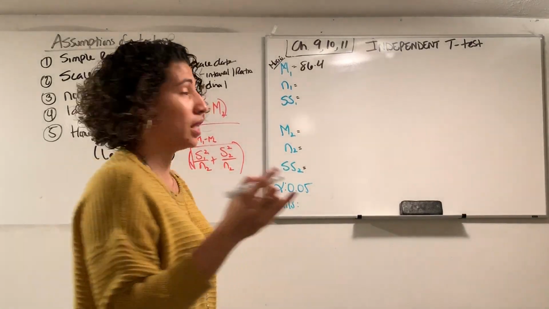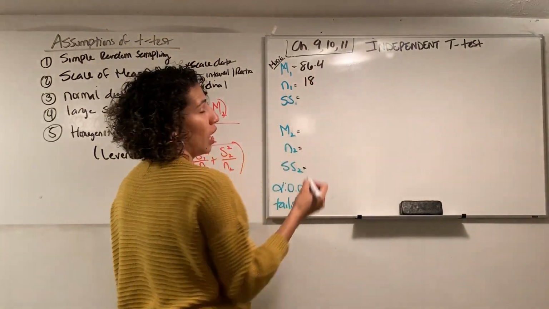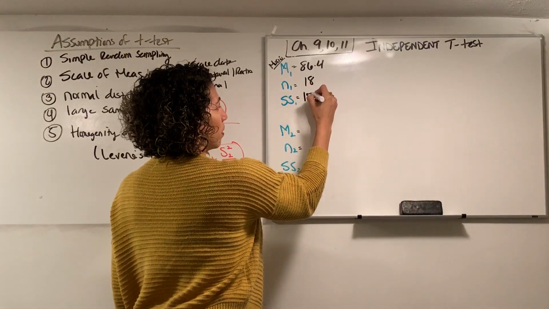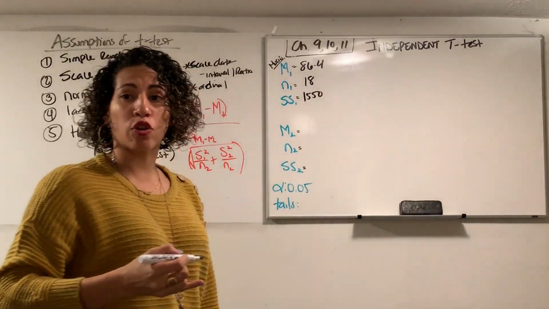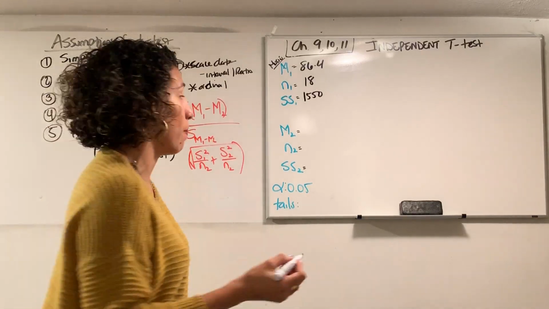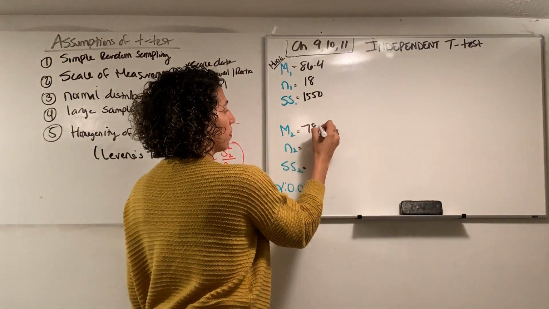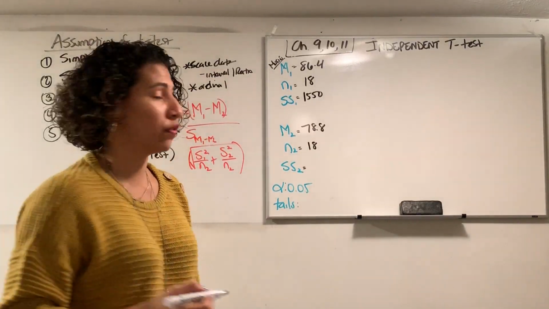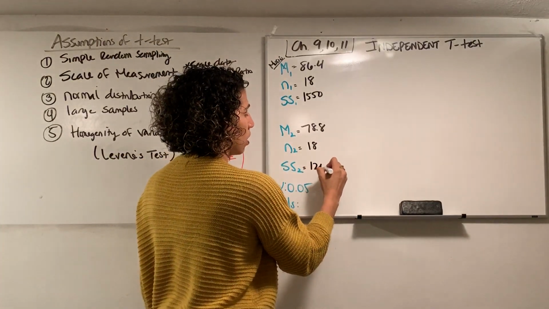And the sample was 18 students. And the sum of squares for that one was 1550. And the second group of non-music was 78.8. And there was also 18 students, and the sum of squares for them was 1204.